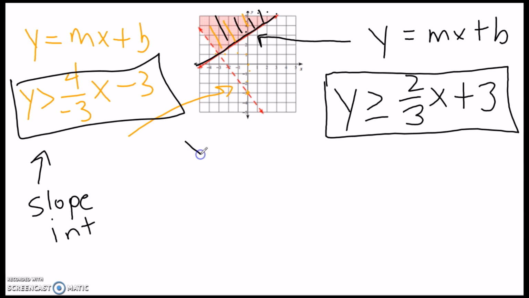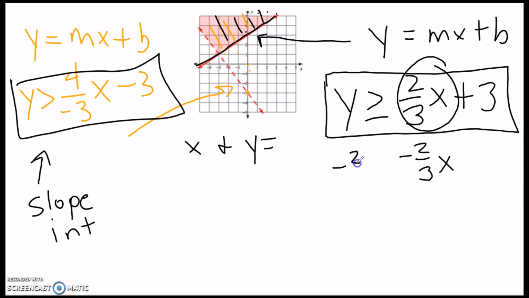Standard form has the x and the y on the same side, and it equals something. For this one, my x is on the wrong side, so I'm going to add or subtract 2/3 x from both sides. That gives me y minus 2/3 x is greater than or equal to +3.